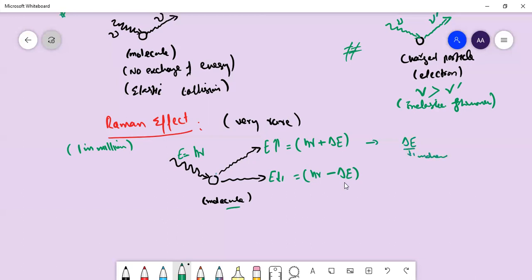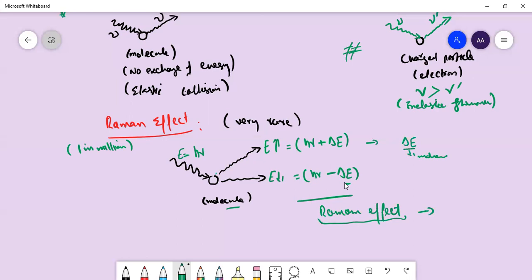And similarly, if the energy of this scattered radiation is decreased by this amount, it means that the molecule is absorbing delta E amount of energy from this incident electromagnetic radiation, and this phenomenon is known as the Raman effect. And based on the Raman effect, our Raman spectroscopy works.